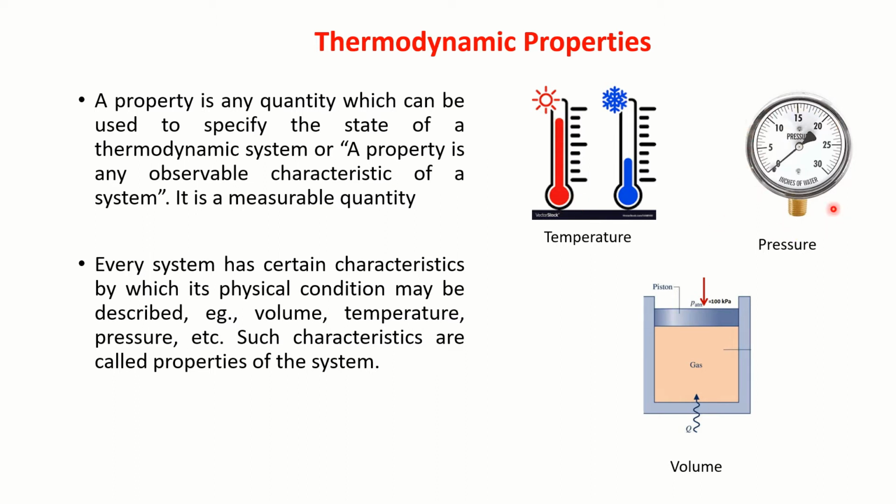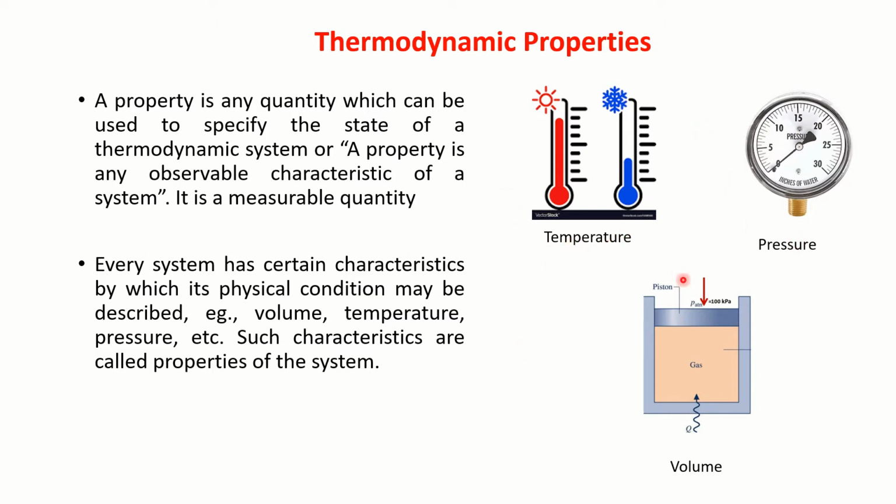Similarly, the pressure can be measured. Pressure is a property of the system. Volume can be measured. So, volume is a property of the system. If we have a coordinate system, temperature can be marked on the coordinate system, or temperature can be one of the coordinates.